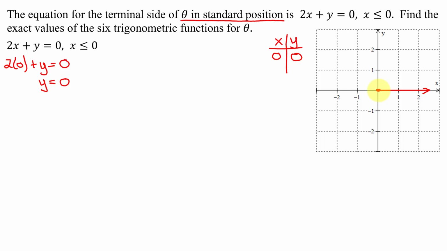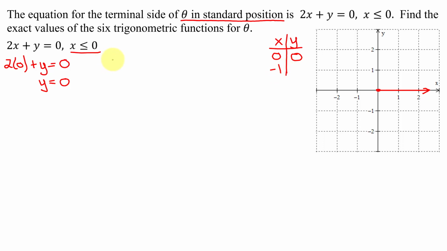Now all I need is one other point on the terminal side. It doesn't matter which x value I pick, as long as x is less than or equal to 0. I'm just going to pick the easy one of x equals -1.